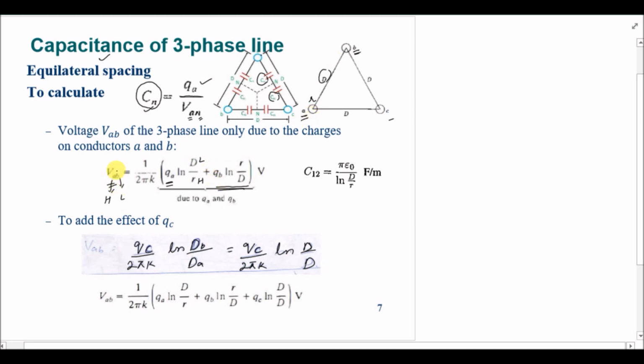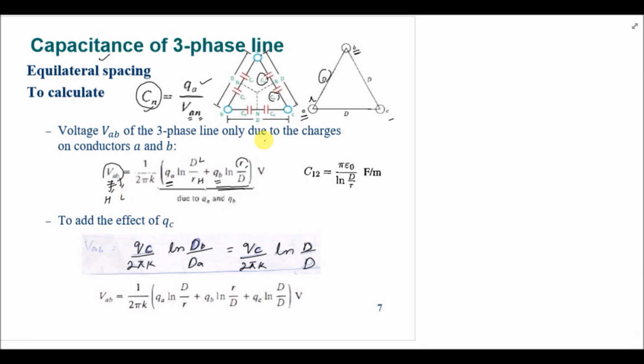From VAB we can say that the low potential point is B. So the distance of the low potential point is R, and the distance from the high potential point is capital D, because from VAB we know that the high potential point is A and the low potential point is B.